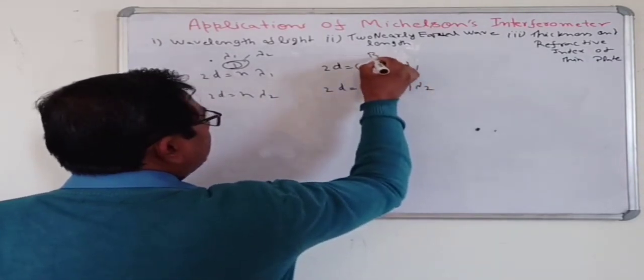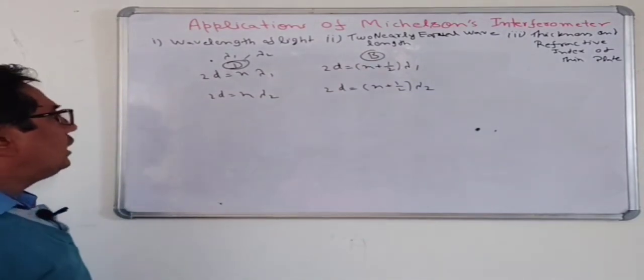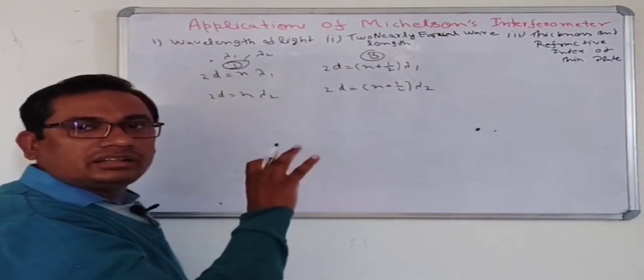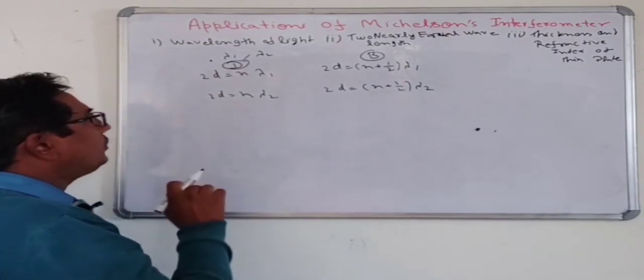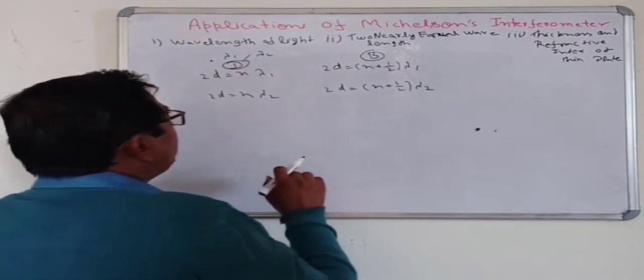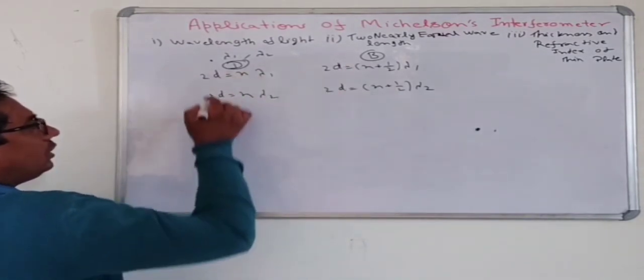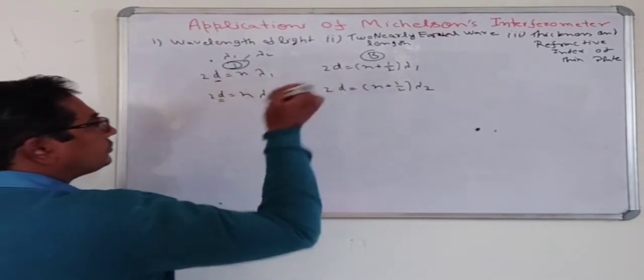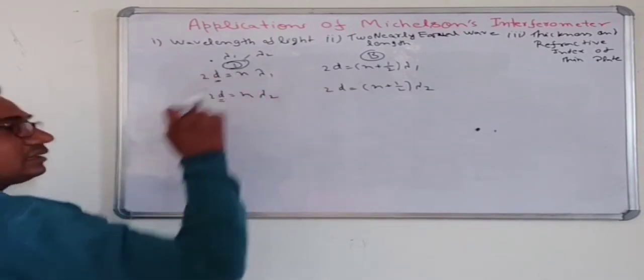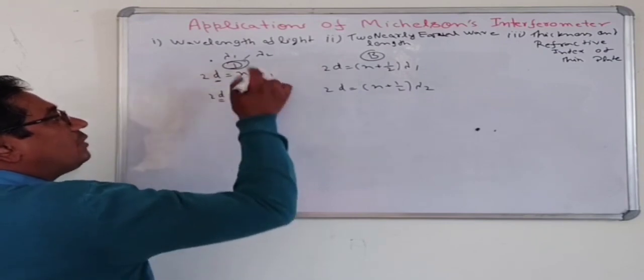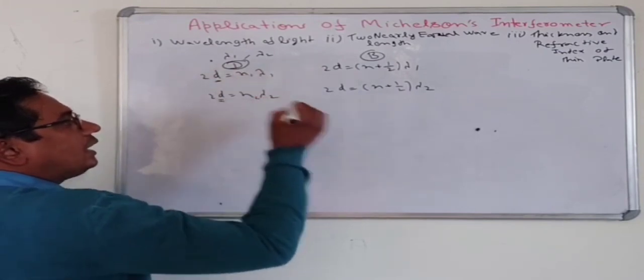Here you can see that at lambda 1 we have observed at the center. At that condition d is constant. At the same value of d, two different wavelengths have different values of n.